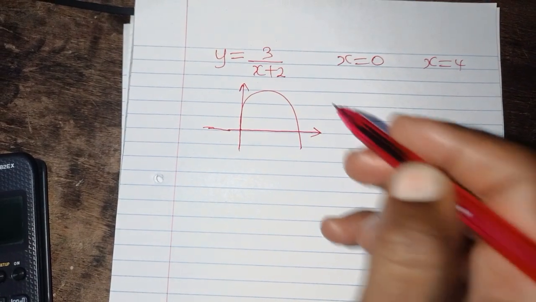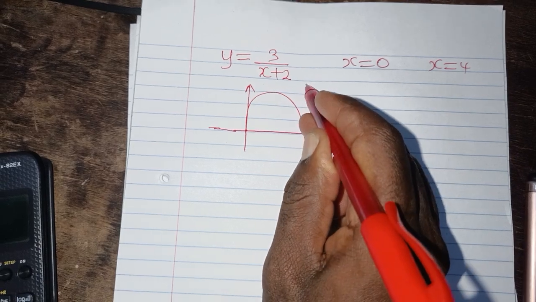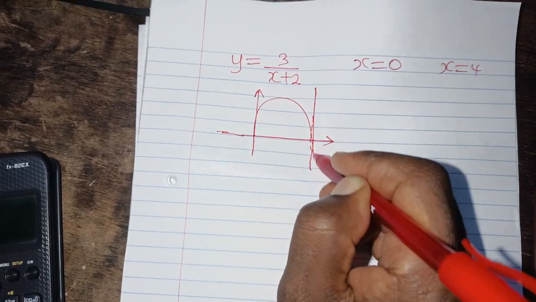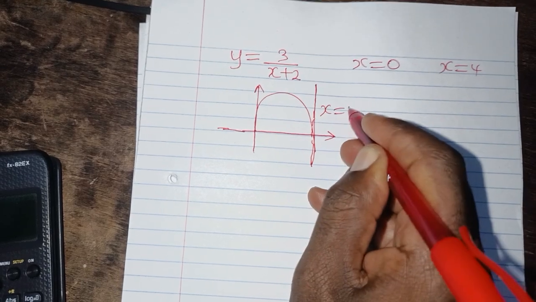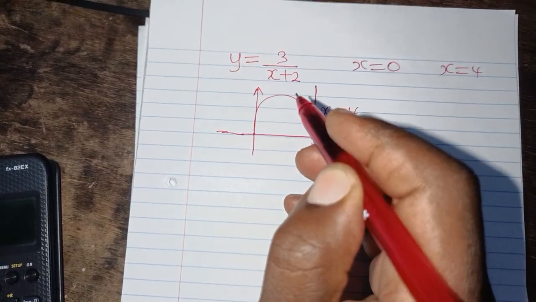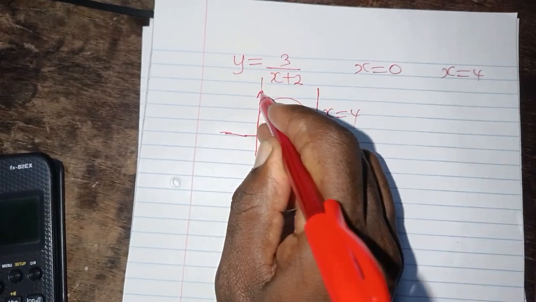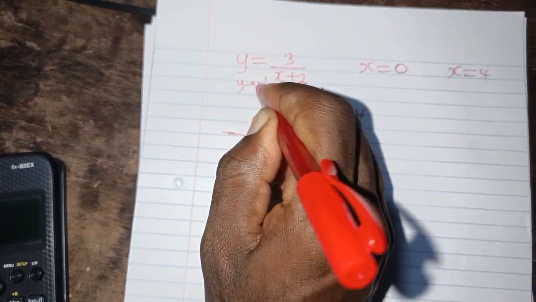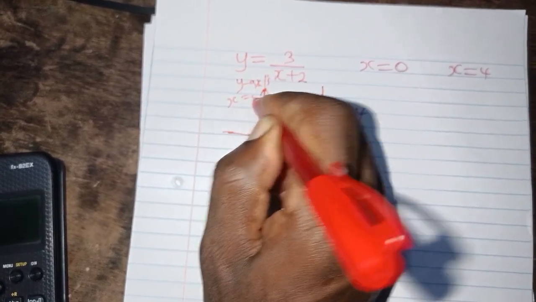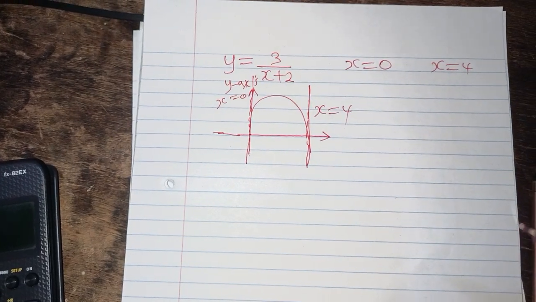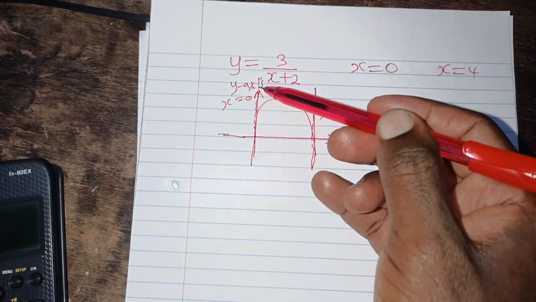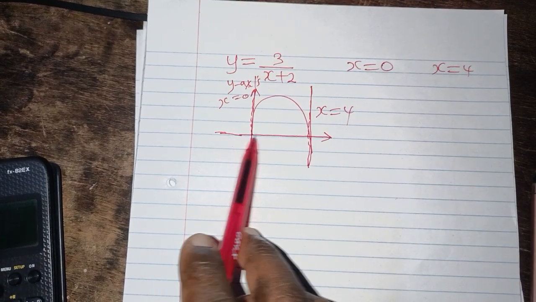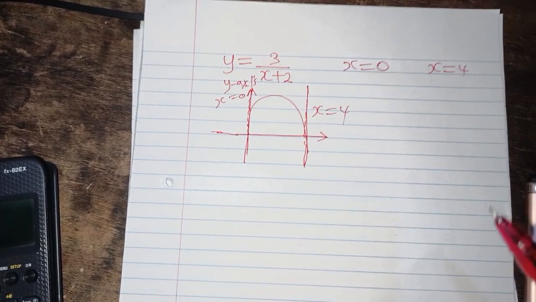Let this be x equals 4, and this can be our line x equals 0. So this is our y-axis, or x equals 0, and this is the x-axis, or y equals 0.